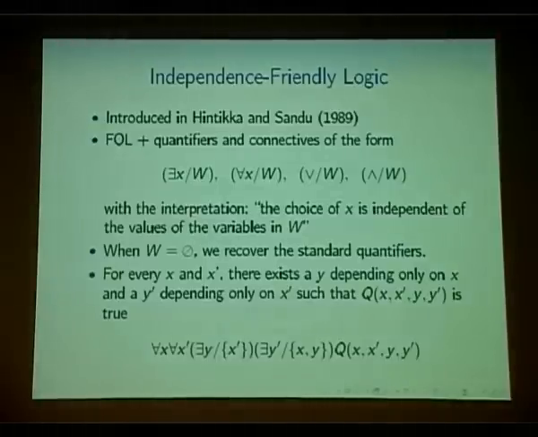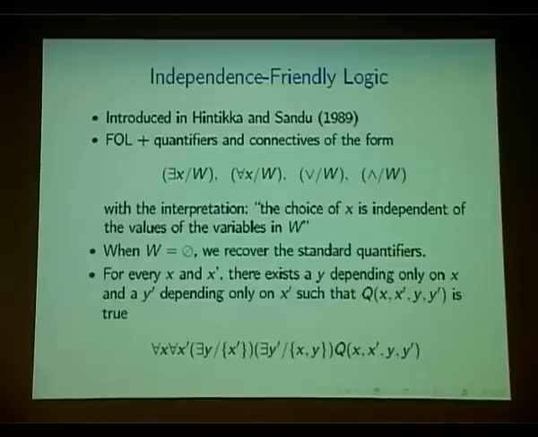So we consider an extension of first order logic with quantifiers and connectives of this form, where W is just a set of variables. The intended interpretation is that the choice of x, for instance, is independent of the values of the variables in W. So when W is empty, we recover the standard quantifiers.